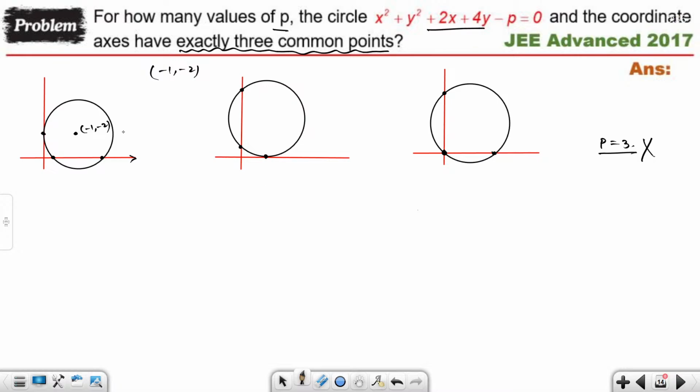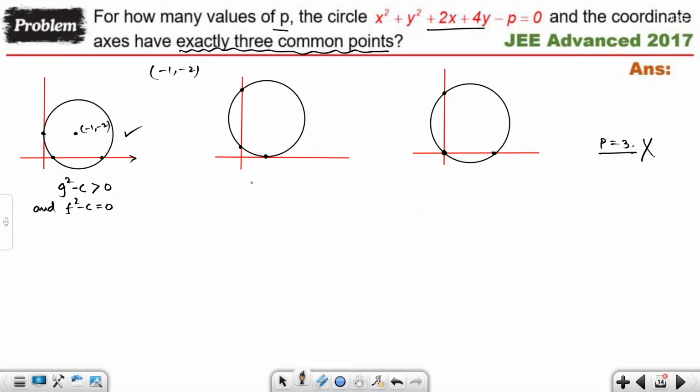In this case, when it is intersecting the x-axis and touching the y-axis, what is the condition? The condition is g square minus c, can you remember? g square minus c has to be greater than 0, and, not or, f square minus c will be equal to 0.